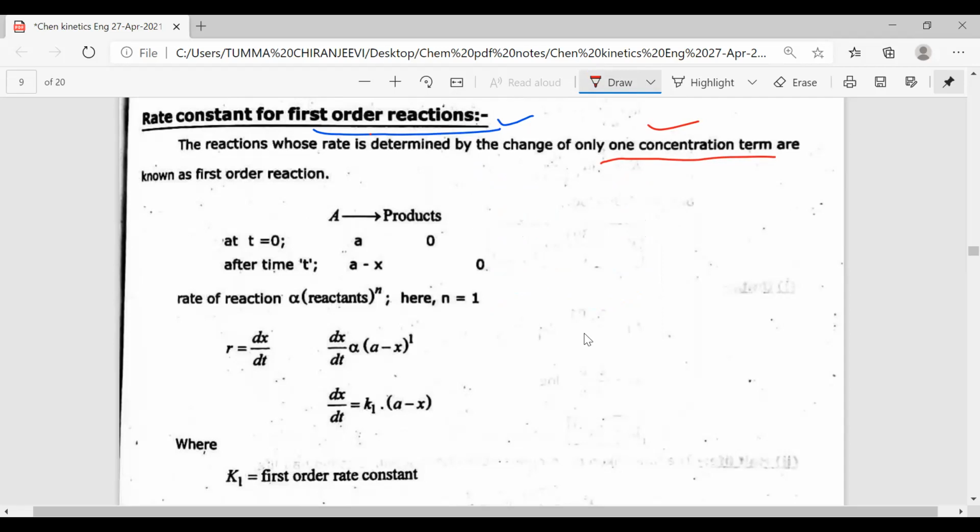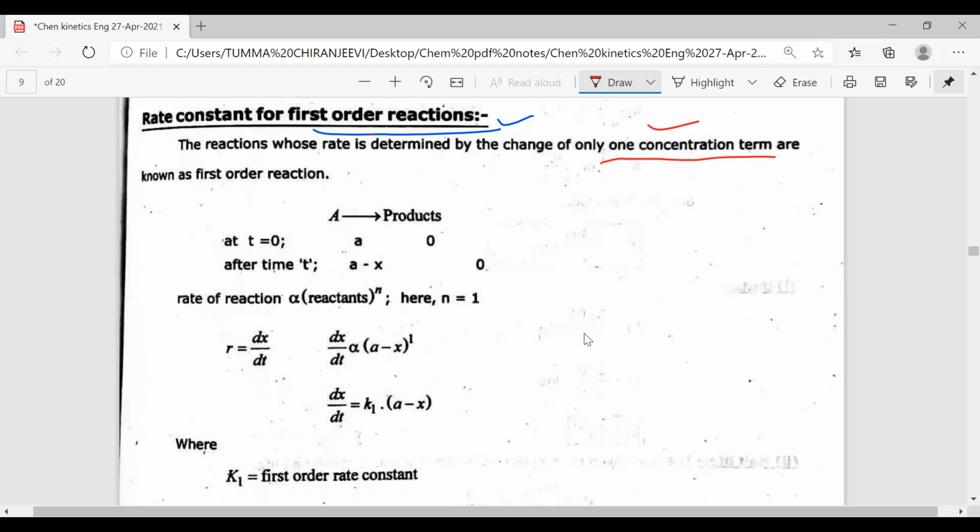If you change the concentration of that one reactant, then automatically it will affect the rate of the reaction. These types of reactions are known as first order reactions.